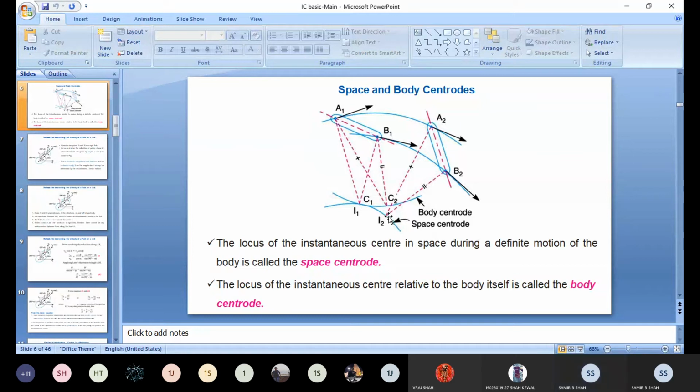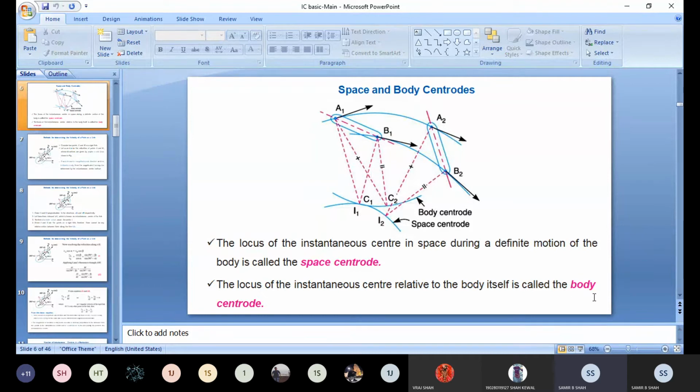And the locus of instantaneous center relative to the body itself is called a body centroid. Body centroids are always related to the body itself, while the space centroids are in definite motion with its center. So just remember the space centroid and body centroid.